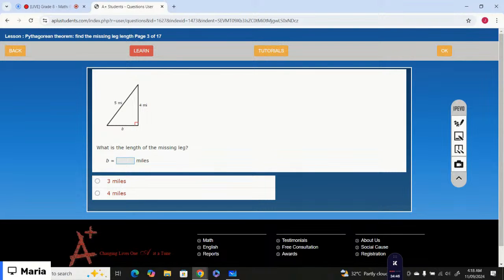Okay, the next one is what is the length of the missing leg? So which is the correct option? You need to calculate B. So you can do calculations in your notebook and then write the answer here.